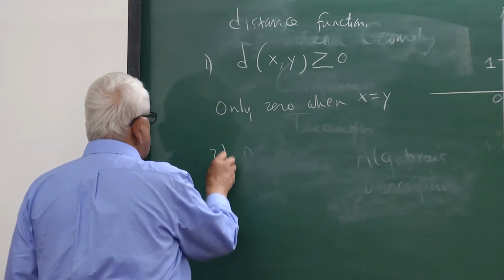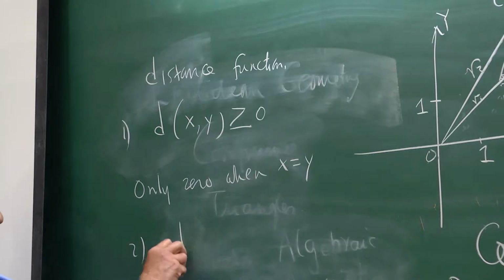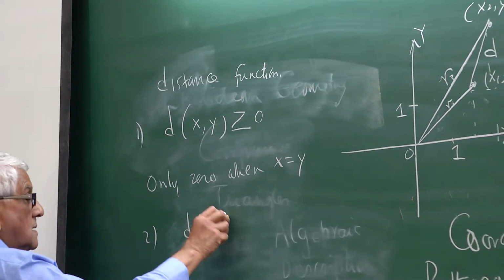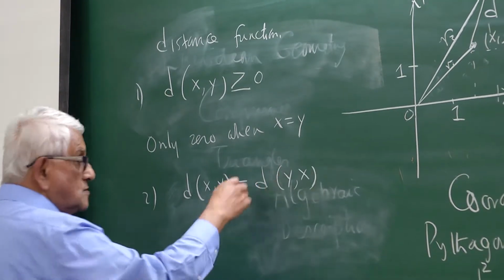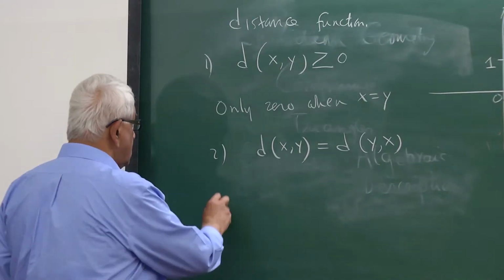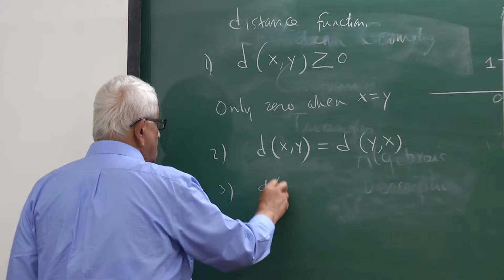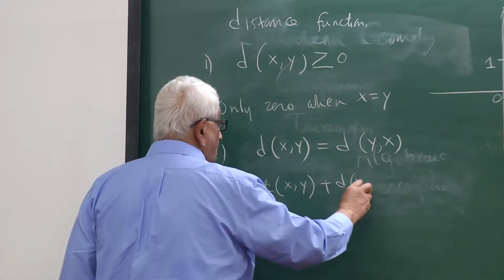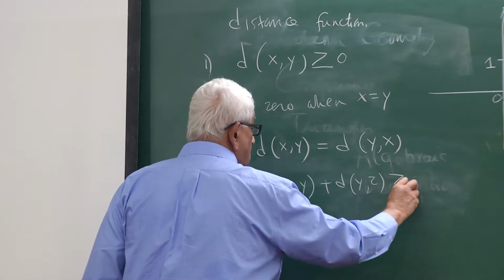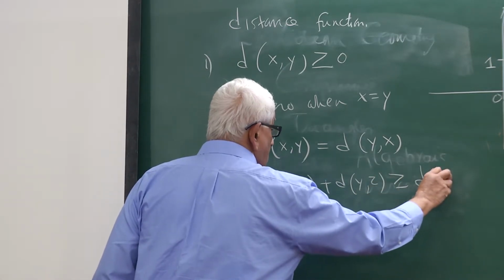The second property is that d of x y is equal to d of y x. It does not matter how you are doing it. Third property is d of x y plus d of y z is greater than or equal to d of x z.